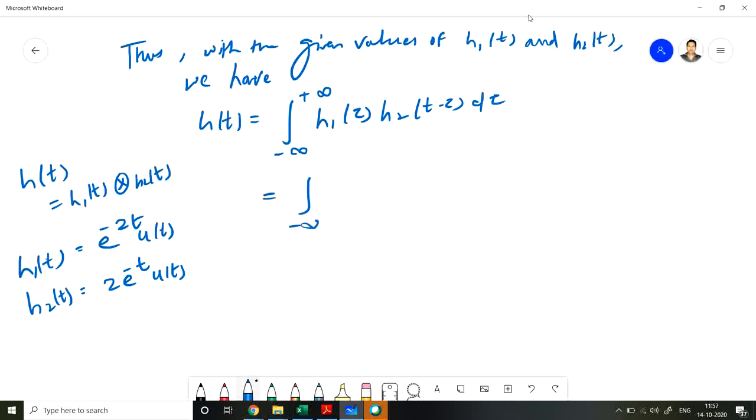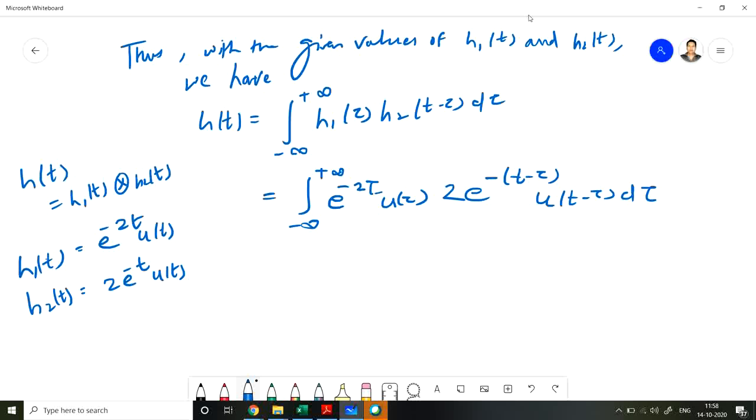So what is h1(tau)? It is e raised to the power minus 2 tau u(tau). And what is h2(t minus tau)? It is 2 e raised to the power minus (t minus tau) u(t minus tau) d tau.